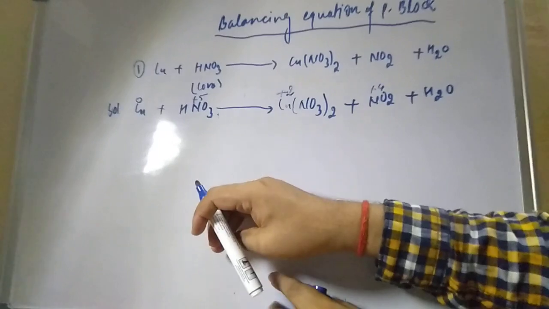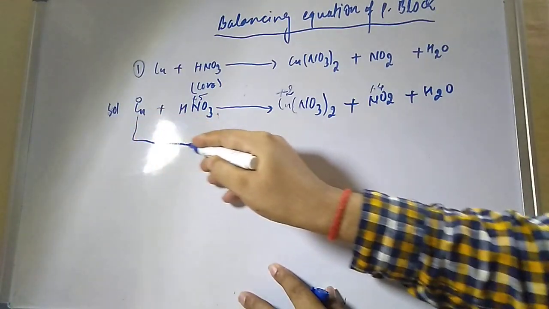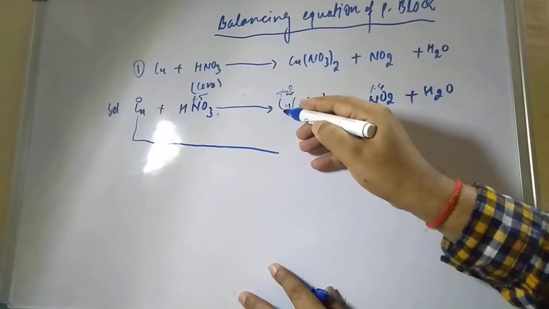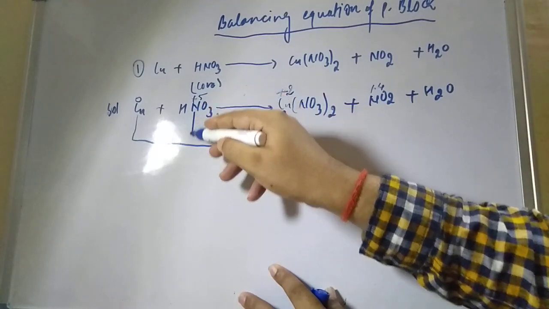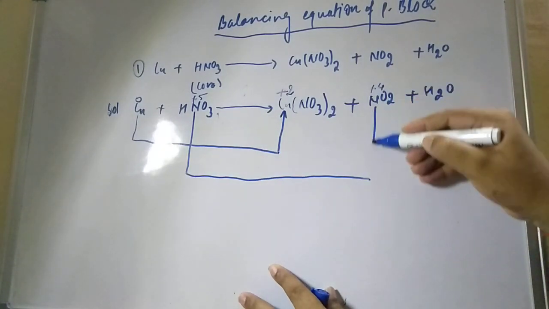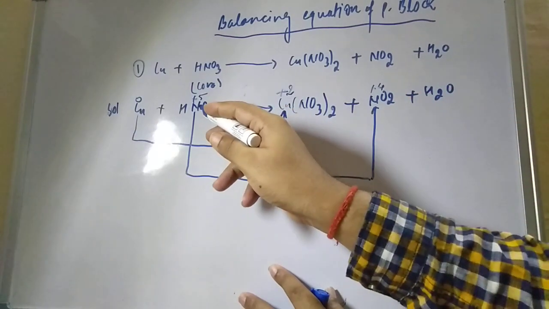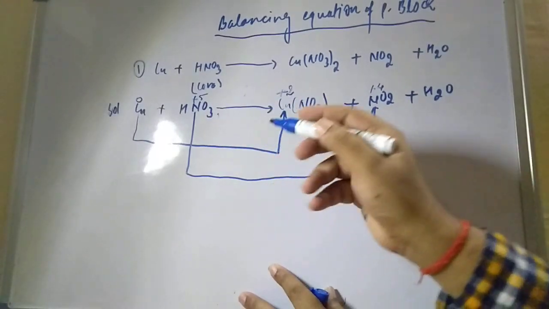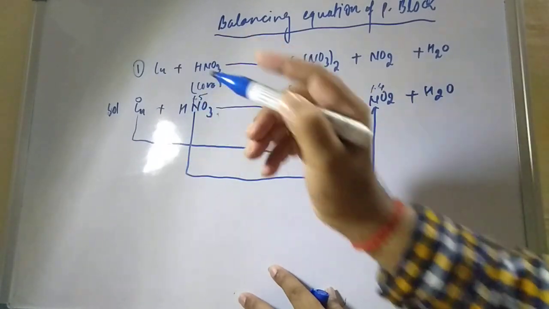Now see, students, the more the positive charge, the more is the loss of electrons. The lesser the positive charge, the lesser is the loss of electrons. So this is copper and this is nitrogen. Here you see, nitrogen goes from plus 5 to plus 4. Plus 5 to plus 4 means you have added 1 electron, negative charge, so it becomes plus 4.